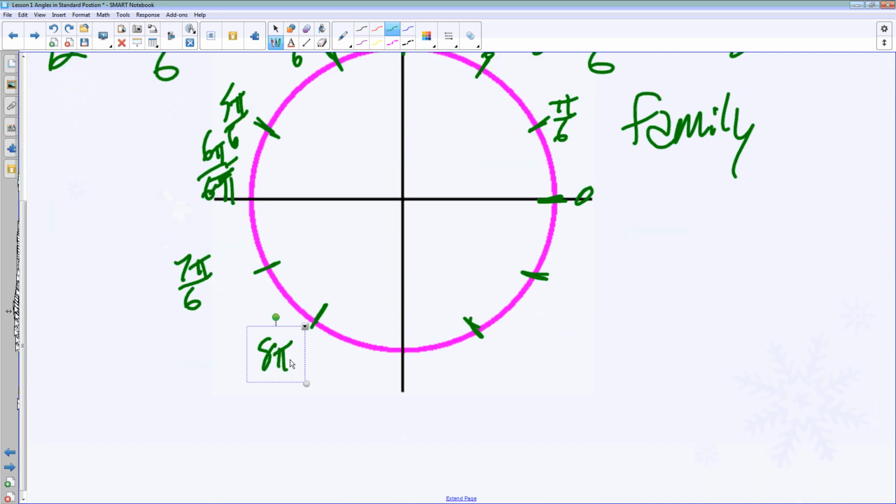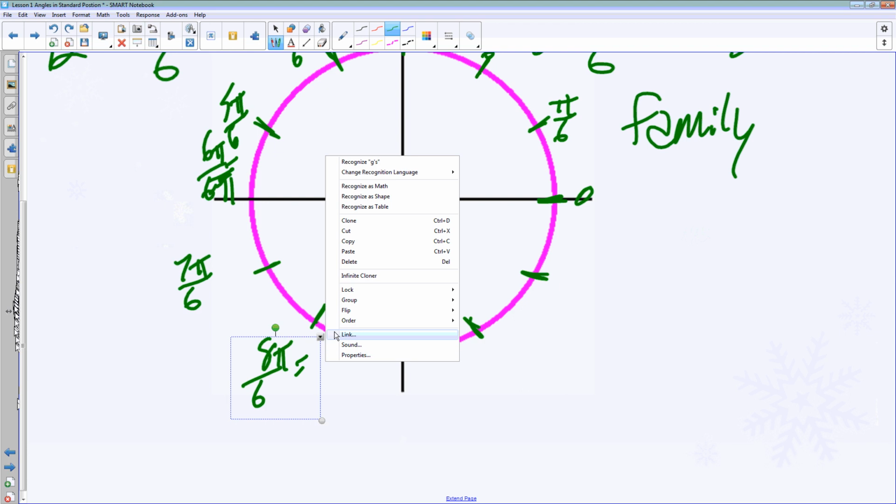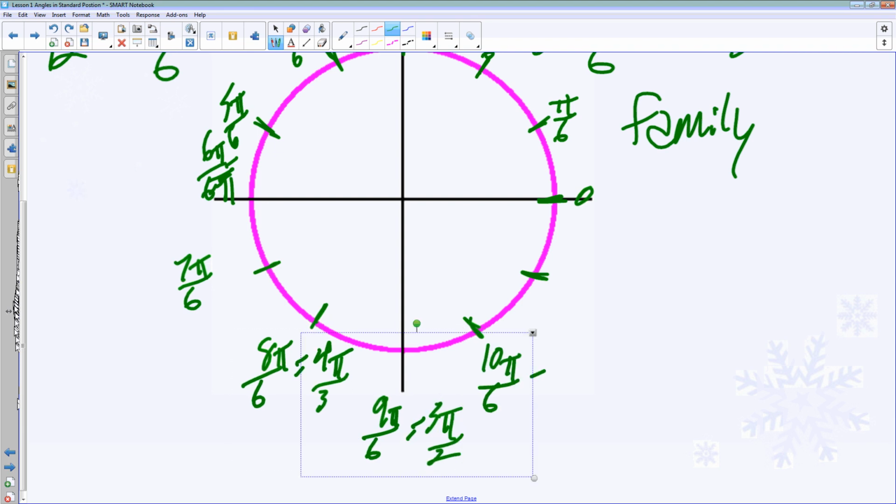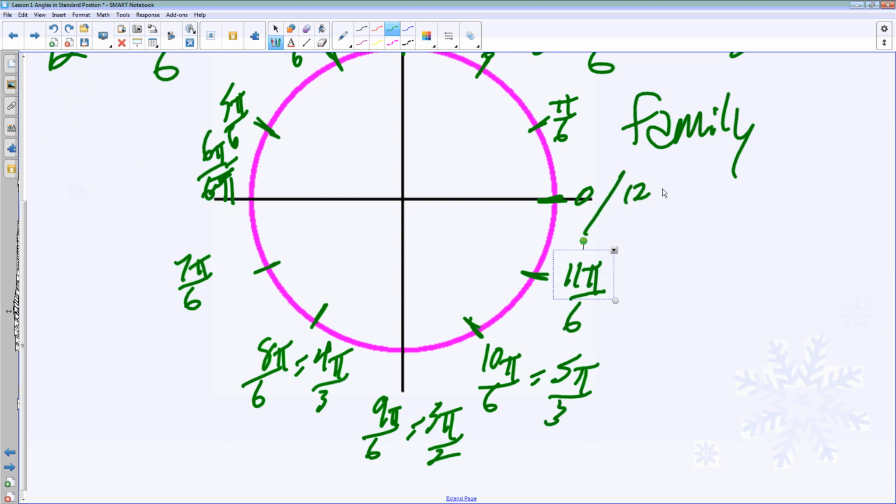Then 8 pi over 6, which is 4 pi over 3. And then we've got 9 pi over 6, which is 3 pi over 2. 10 pi over 6, which is 5 pi over 3. 11 pi over 6, and then we're back to the beginning, 12 pi over 6, which is just 2 pi.